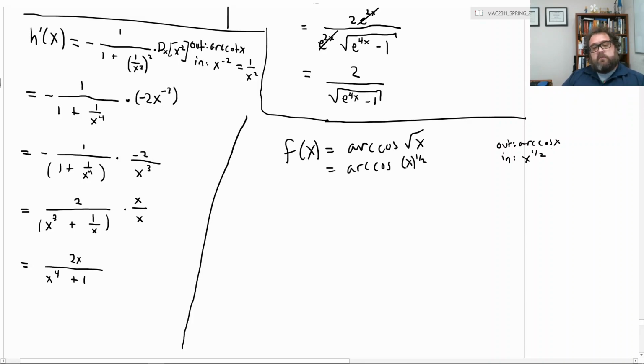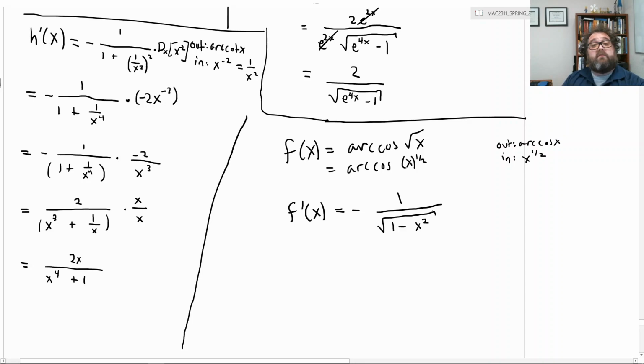Okay. So what do we do here? We go, okay, chain rule, of course. Chain rule says you take the derivative of the outside function. So f prime now is equal to, okay, derivative of arc cosine is the opposite of the derivative of arc sine. So this is negative 1 over radical 1 minus x squared.